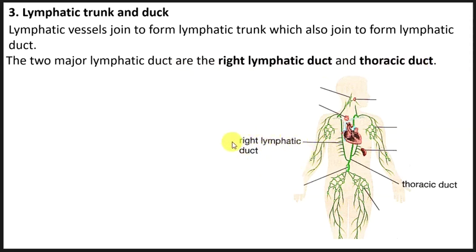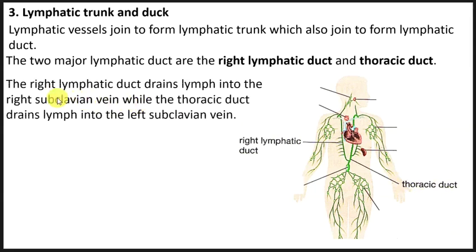We have the right lymphatic duct and also the thoracic duct. Okay, so the right lymphatic duct drains lymph into the right subclavian vein, while the thoracic duct drains lymph into the left subclavian vein.